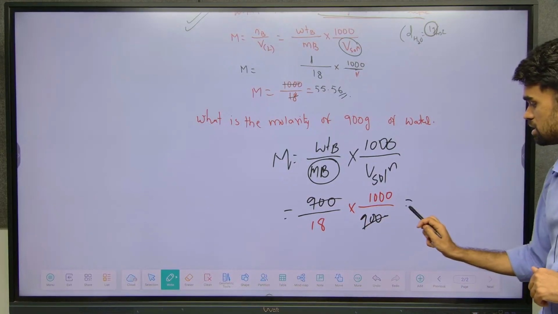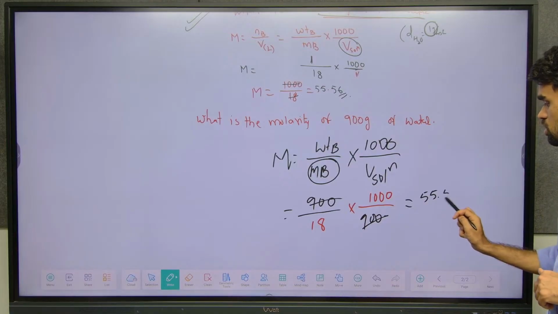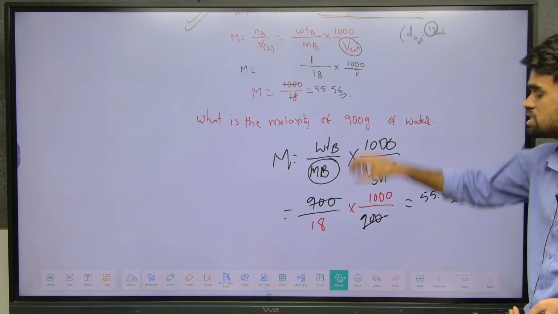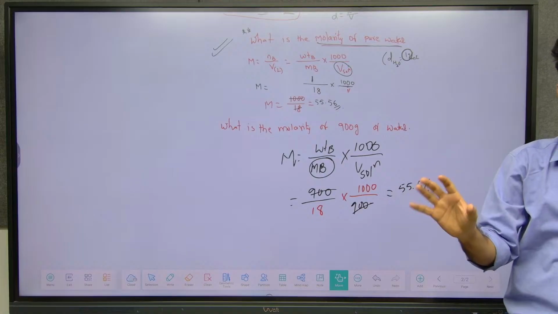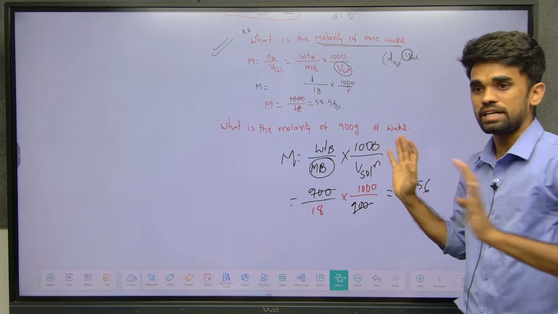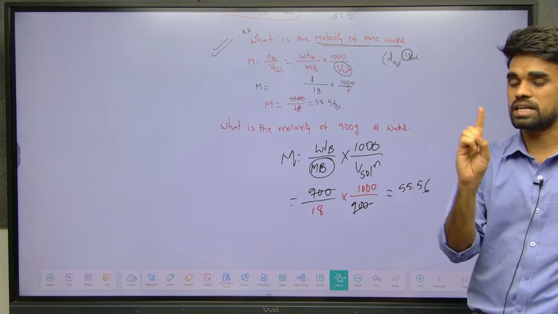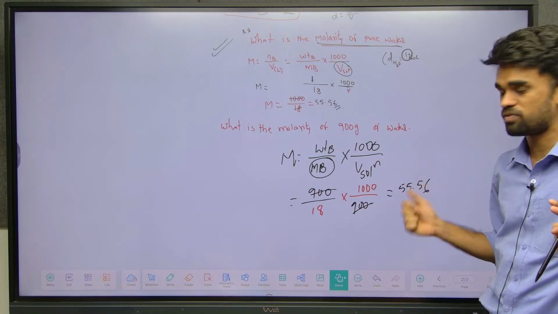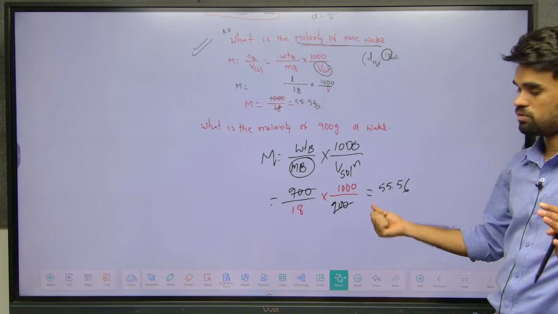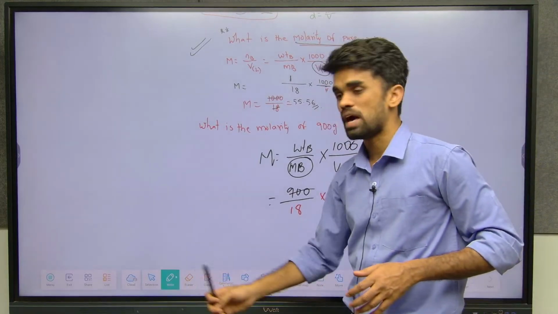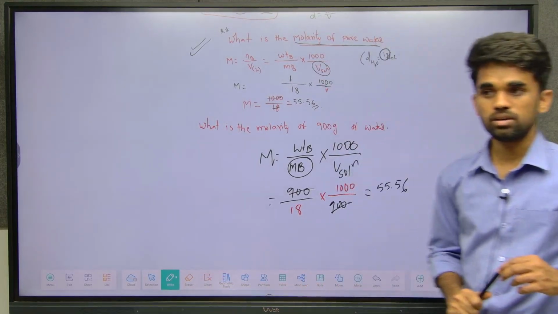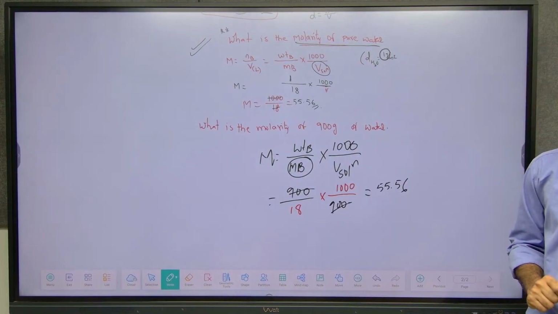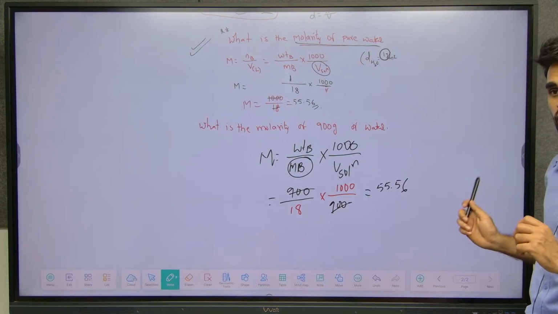So same answer. So if they mention the molarity of water itself, pure water, whatever the quantity given, by considering density as 1 gram per ml, what will be your final answer? 55.56. Pure water molarity is how much now? Don't say it is 1 molar. Okay, it is 55.56.